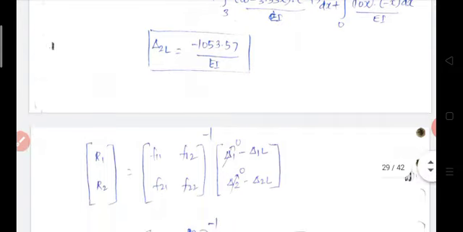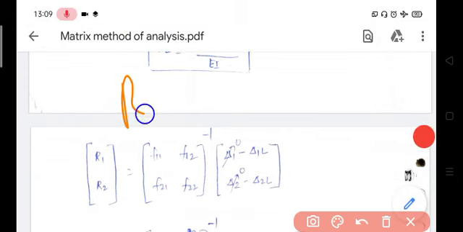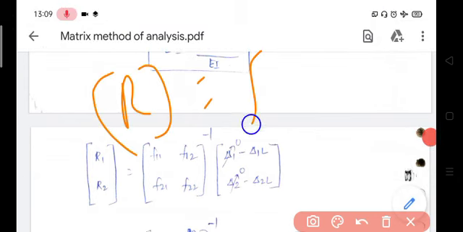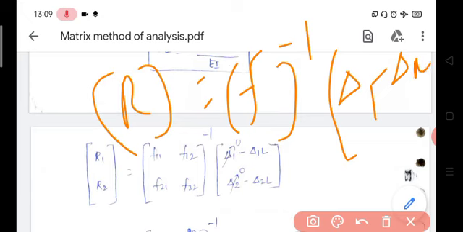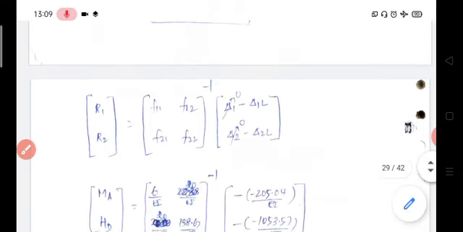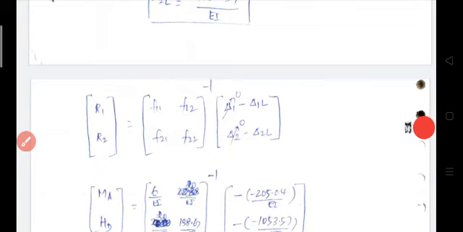Then the final equation: the redundant reaction is equal to the flexibility matrix inverse into delta 1 minus delta 1L, delta 2 minus delta 2L. Okay. So, substitute delta 1 and delta 2 equal to 0.